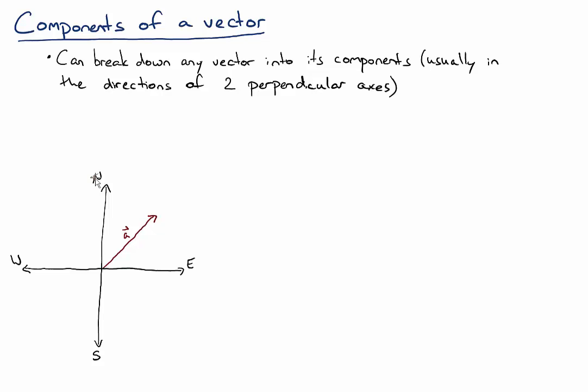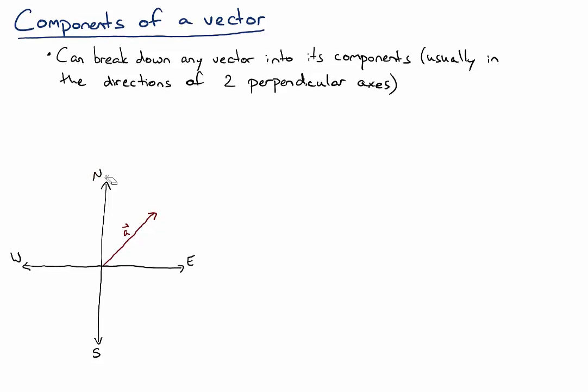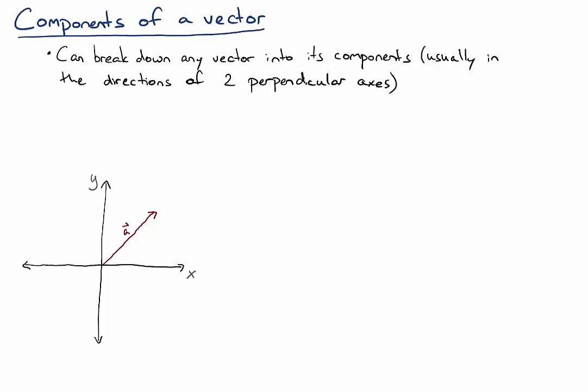So let's just get rid of the north, east, south and west for the moment, and let's just label these axes y and x because it's kind of familiar. This angle here will be theta, and you can see that this vector has a component in the x direction and in the y direction.